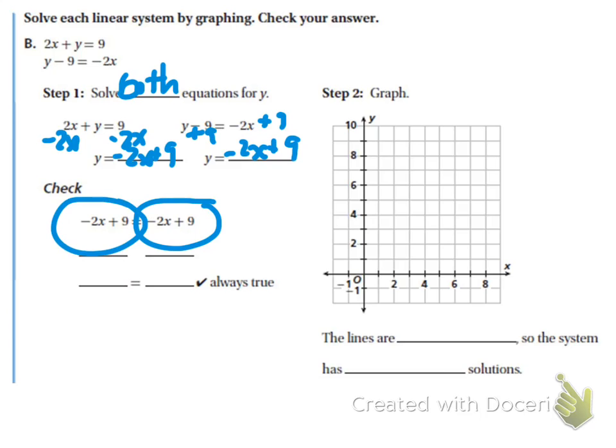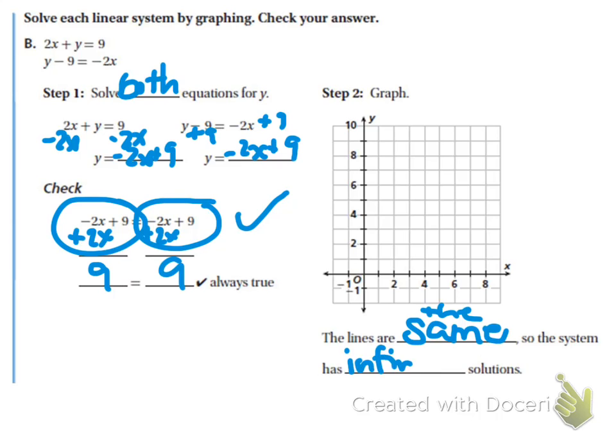This equals this. That's true. So we know that if I were to add 2x to the other side, 9 equals 9 is always true. So the lines are the same. So we know that it is infinitely many solutions because it's the same line.